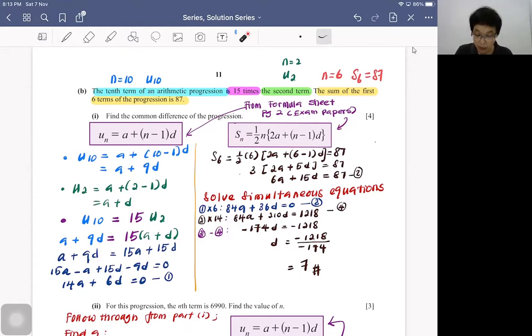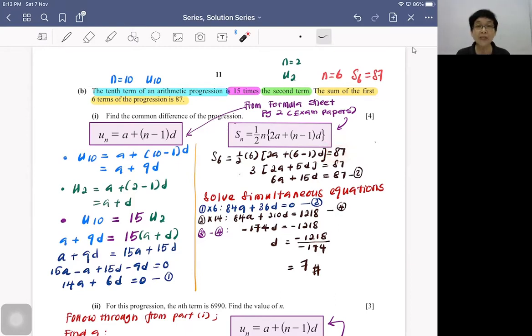Here we go. Half, yes, and n, you got it. n equals 6, 2a plus, what's n here? Yep, you got it. 6 minus 1, multiply d, and equate to 87.